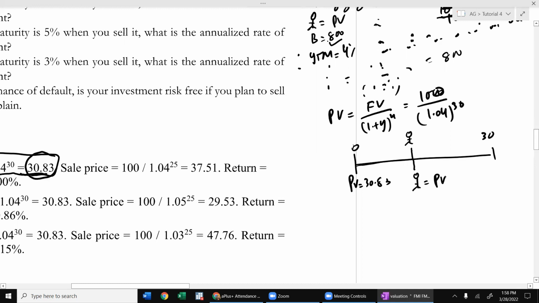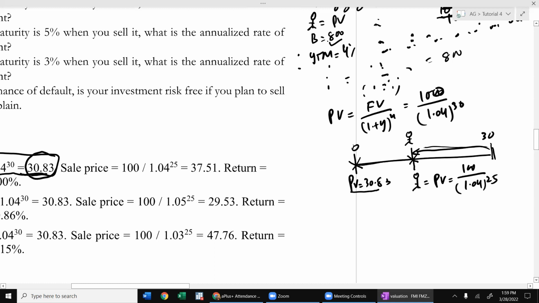So price would be equal to future value, that is 100 again, and the coupon rate is also the same. What should be the discounting period? 25, right? So it means you will calculate two present values. One when you had invested, and one when you are going to sell it. Because we don't know the selling price, we should calculate that. And how did we do that?